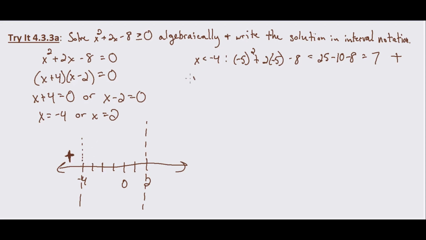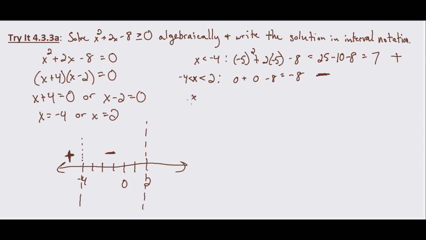What about when negative 4 is less than x, which is less than 2? Well, let's test 0. So that would be when we substitute in 0 plus 0 minus 8. That's going to equal negative 8, which is going to be negative. So we'll mark that interval, negative 4 to 2, negative.